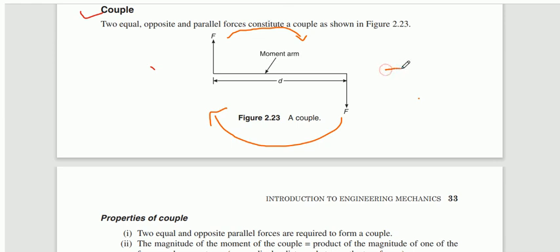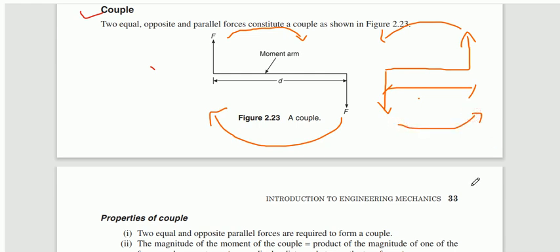And we can observe the anti-clockwise couple also. Couple means two equal, opposite, parallel forces which form the couple here. The figure you are observing constitutes the anti-clockwise couple. There are two types, one is clockwise and another is anti-clockwise couple.